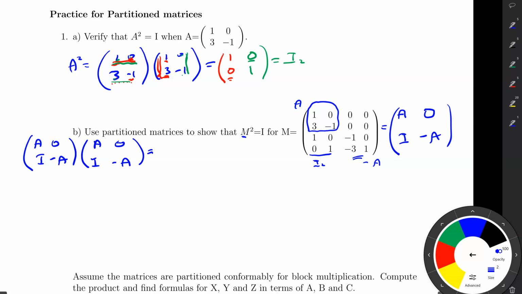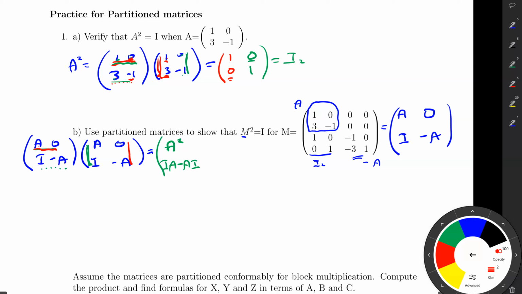All right. Let me get some colors going. We're going to take this row times this column to get this entry. A times A plus 0 times I. This gives me A squared. This row times this column: I times A plus negative A times I. Now let's move to this row times this column.